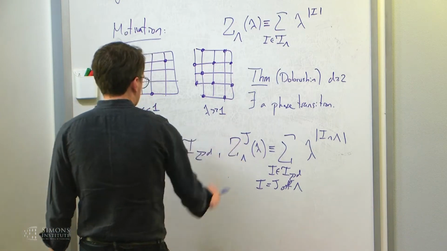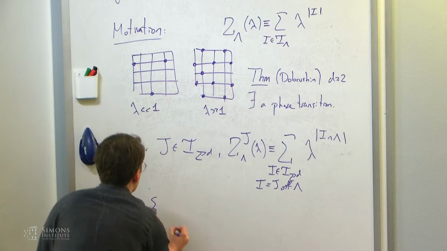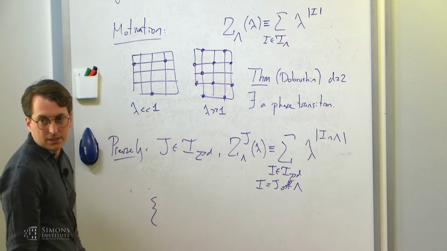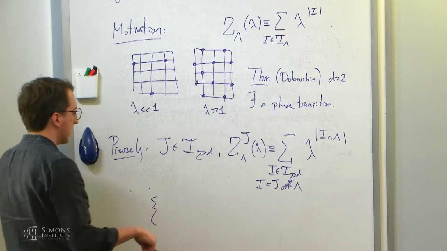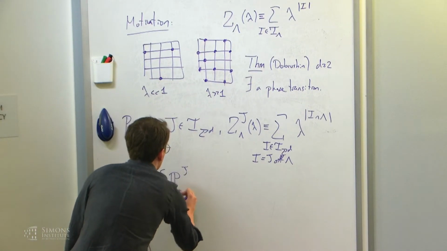If I do this, I get a collection of probability measures indexed by the set in ZD and also by the possible boundary conditions.